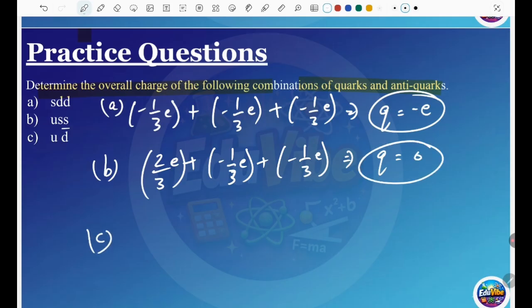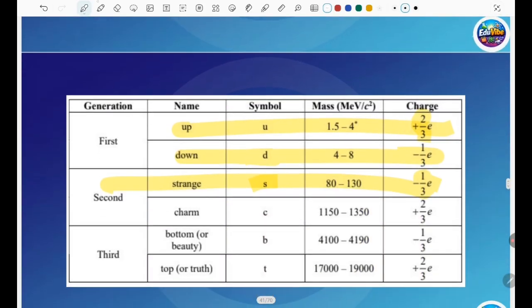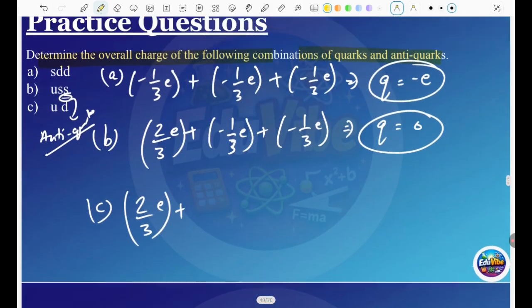Then we have U D-bar D-bar, where the bar shows that this is the antiquark. Firstly for U, you take 2/3 e. For D, your D is minus 1/3, but there is a little bar on it, so we take it as plus 1/3 e.